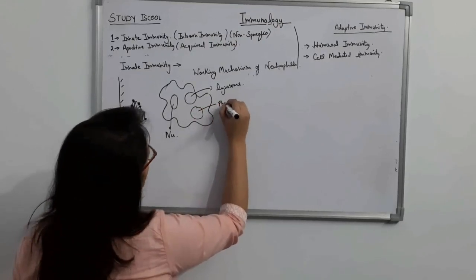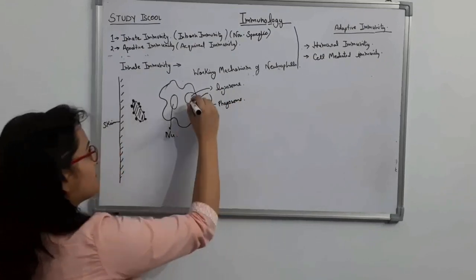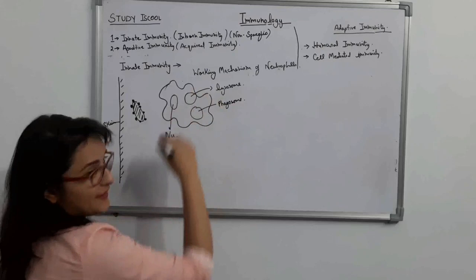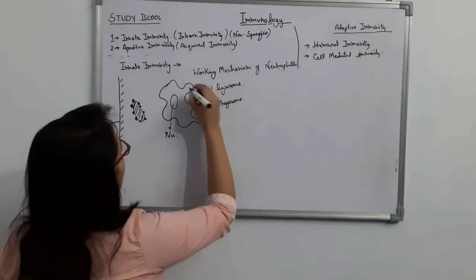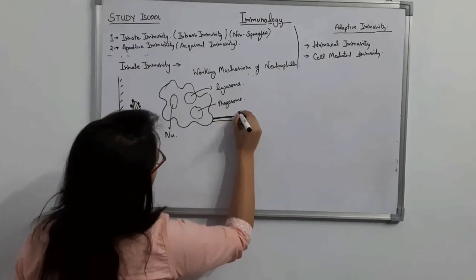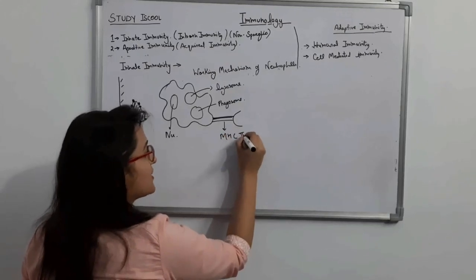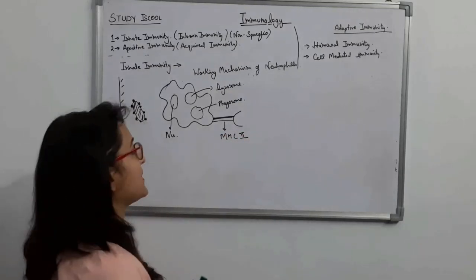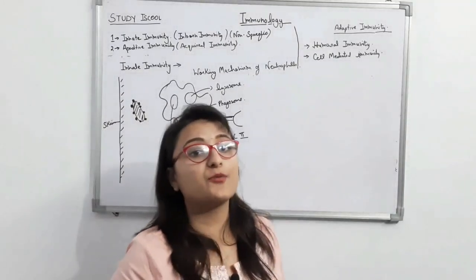This is the phagosome. When they fuse together, they make a phagolysosome. And basically this is a receptor. This receptor is called MHC class 2, major histocompatibility complex class 2. MHC is a special type of protein molecule.